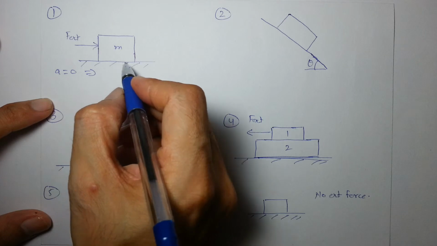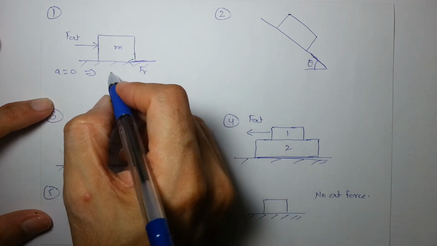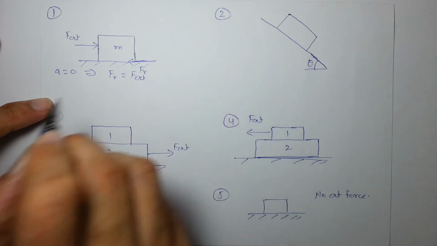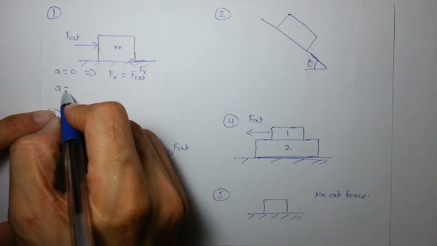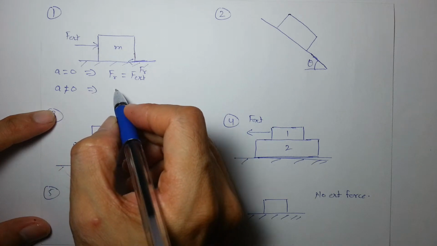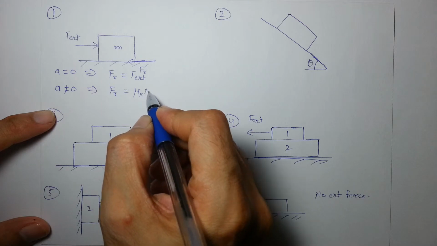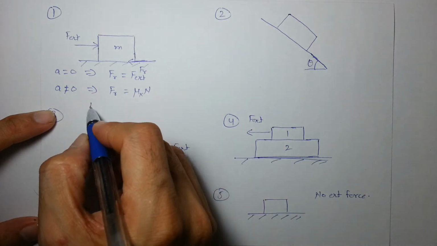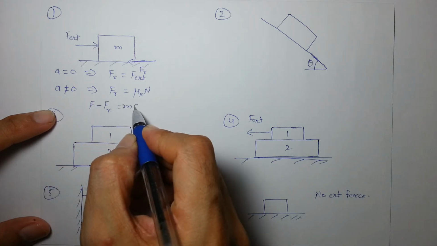It implies the friction force will act in this direction and completely balances F external. If the block moves, acceleration is not equal to 0, and the friction force acting will be mu k N, where N is the normal. I can write the equation F minus friction is equal to ma.